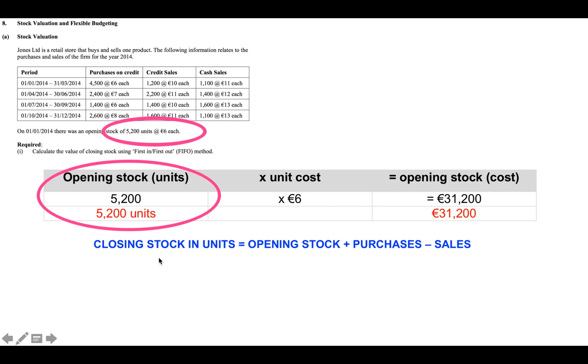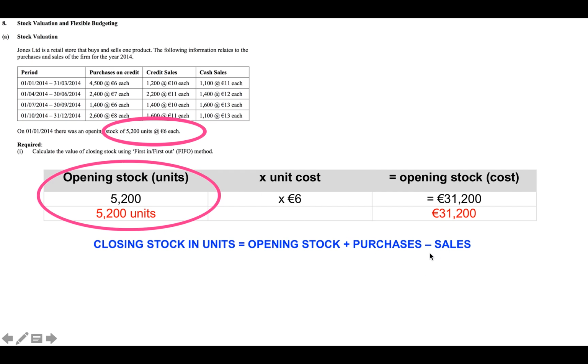So again, I want you to think about how would we calculate the closing stock in units. So visualize at the start of the year your warehouse. And in that warehouse, you have your opening stock. And in this question, it was 5,200 units. And during the year then, you're buying all of these units, so you've bought all of these purchases.